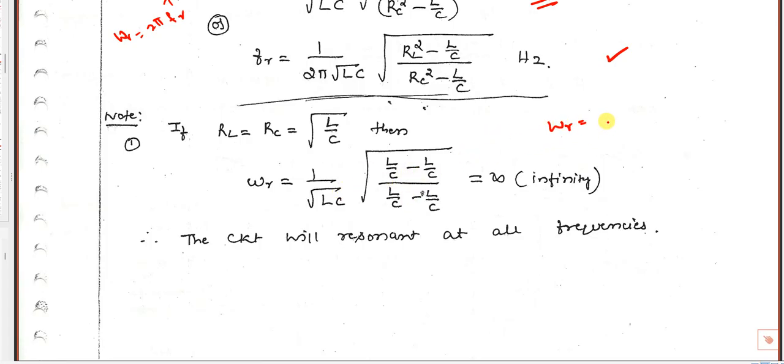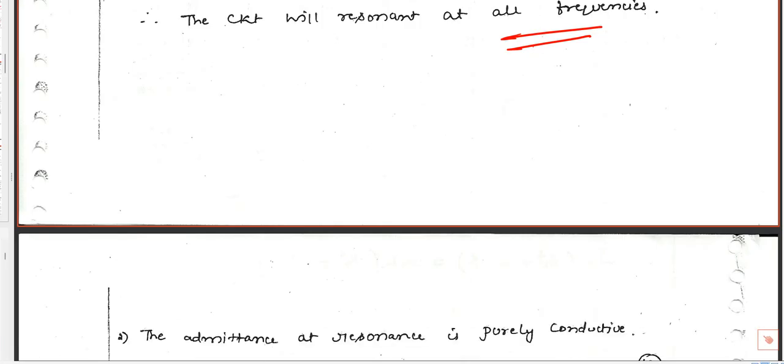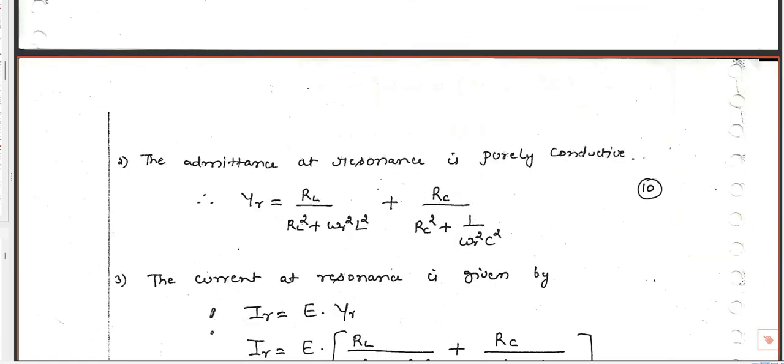Omega r is equal to 1 over root LC times 0 by 0. So this is actually indeterminate, infinity. That infinity means the circuit will resonate for all frequencies. If you take RL and RC equal to root of L by C, for all frequencies the circuit will resonate. Sometimes they will ask this in the exam also.